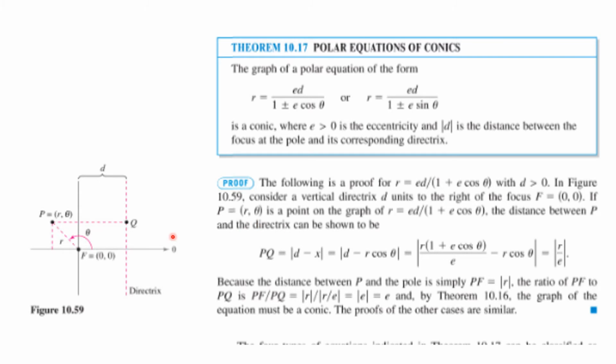If P(r, θ) is a point on the graph of r = ed/(1 + e cos θ), the distance between P and the directrix is the absolute value of d − x, because the x coordinate over here is going to be negative, and so d − x is going to be positive.